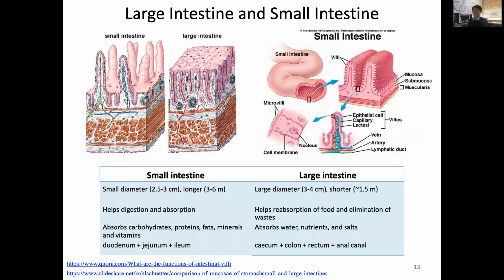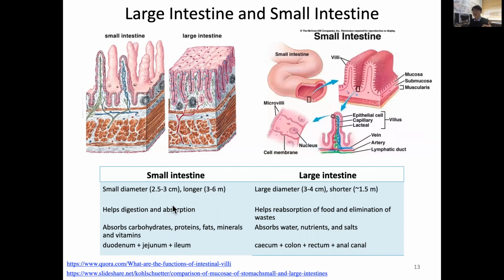So let me give you a table to compare the small and large intestine. The small intestine has a smaller diameter, 2.3 to 3 centimeters, versus the large intestine, which has 3 to 4.5 centimeters. The small intestine is longer, 3 to 6 meters, while the large intestine is about 1.5 meters.